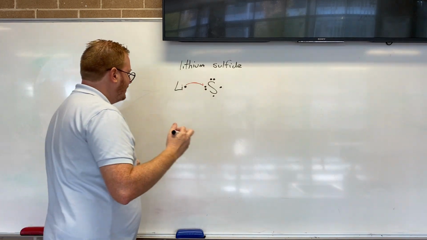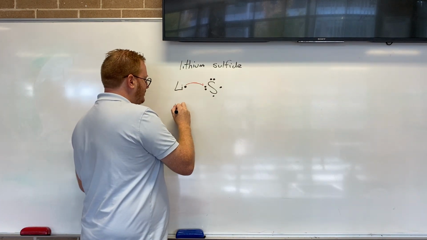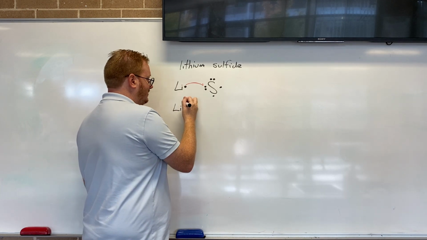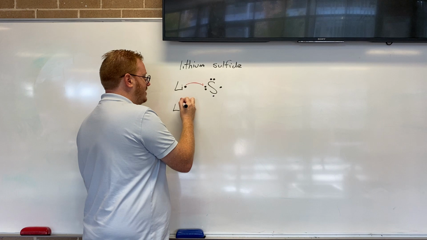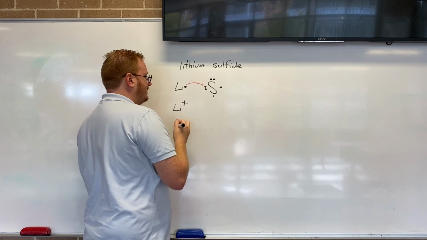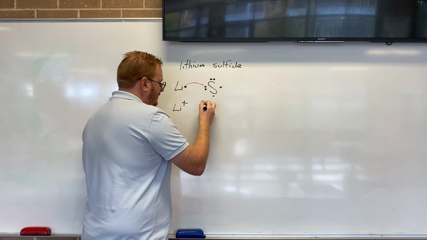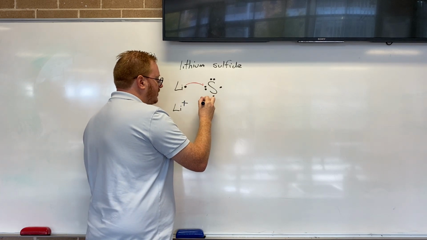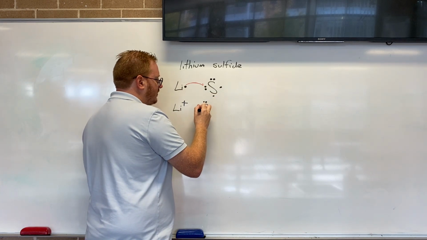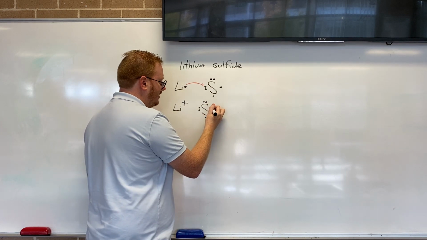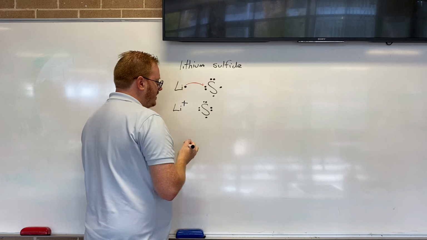So now what we're going to have, lithium minus 1 electron has no valence electrons, so I'm not going to do dots around it. And I've got to give it a positive symbol because we've lost the negative. And now what we have is this sulfur with its original electrons, and let's add in this extra electron. I'm just going to put it here.